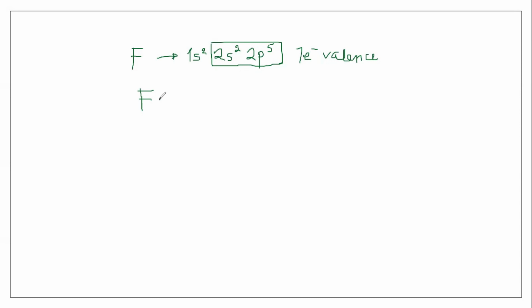So we have 1, 2, 3, 4, 5, 6, and we have 7. So, to complete the octet rule, ilan ang kailangan ng fluorine para mag-stabilize siya?